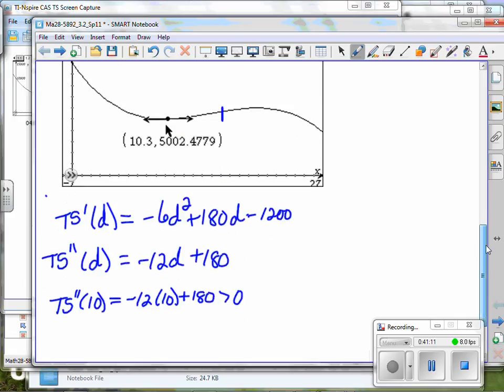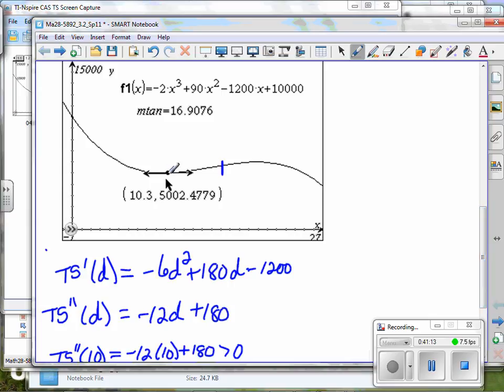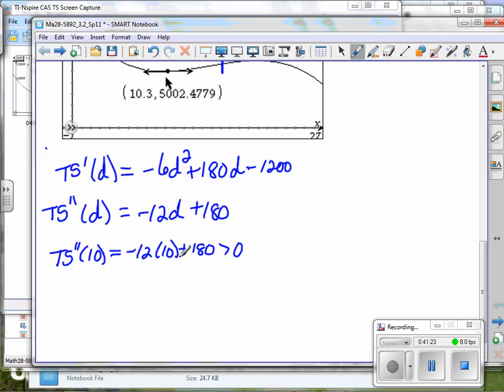If it's positive, what did we say happens at 10? Is it concave up or concave down? Concave up. There's that positive idea that if we look at the second derivative at 10, we are looking at a positive quantity.